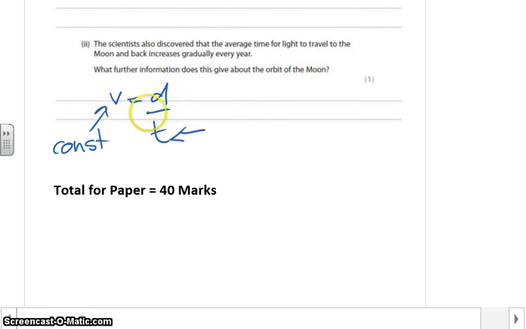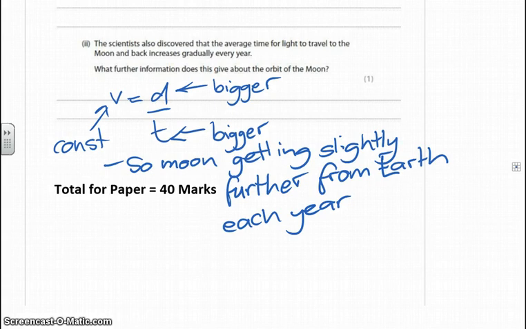So if this number here is increasing, the only way that can happen is for this number here to get bigger as well. So the logical conclusion is that the moon is getting slightly further away from the Earth each year.